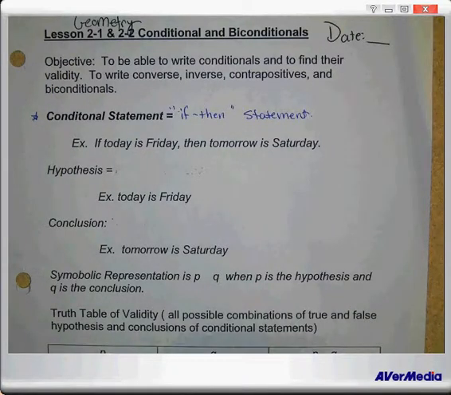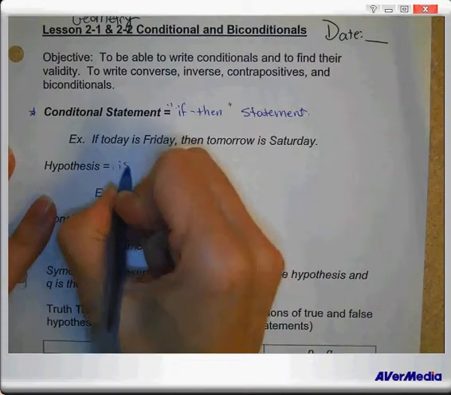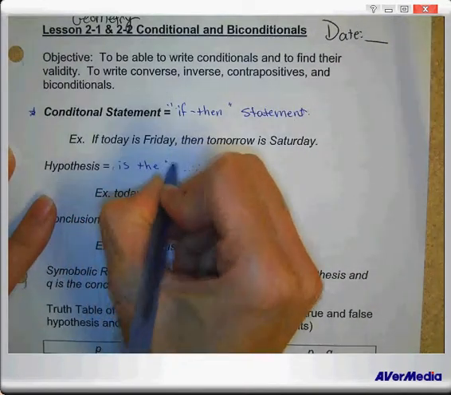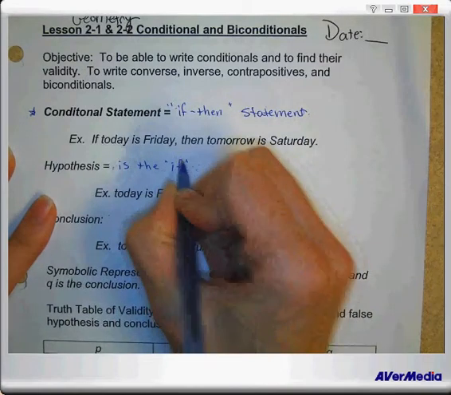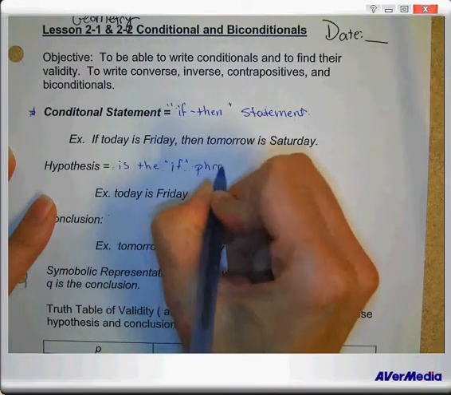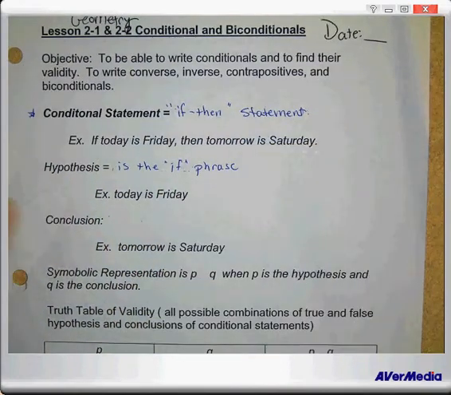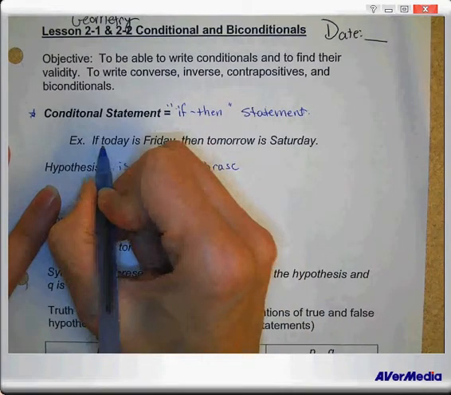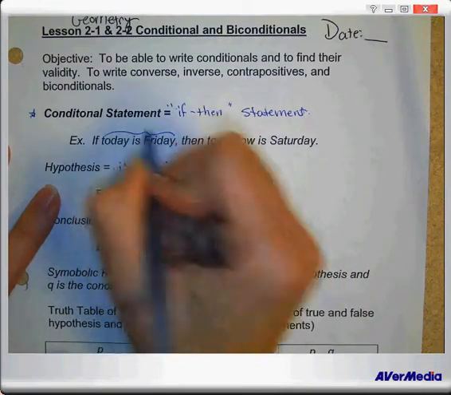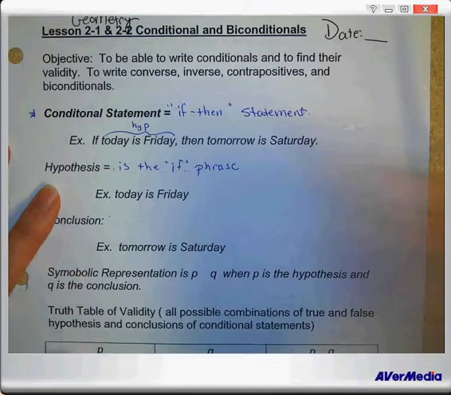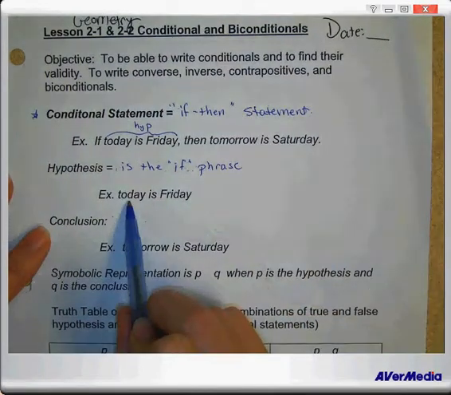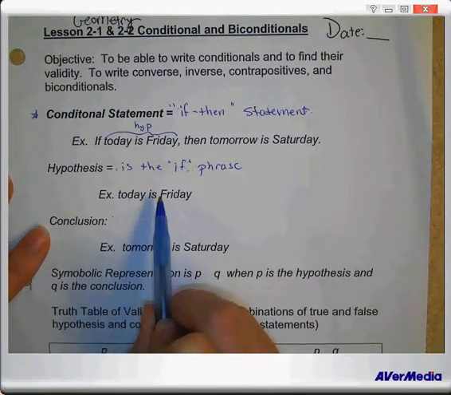Now, we break our if-then statements, our conditional statements, into different parts. We have the hypothesis, which is the if phrase. It's everything after the if. The if just is your signal. So for right here, that would be your hypothesis, which would be today is Friday. Notice no if is with that.